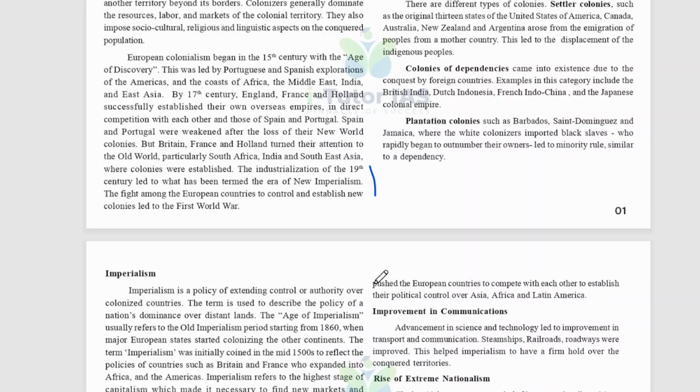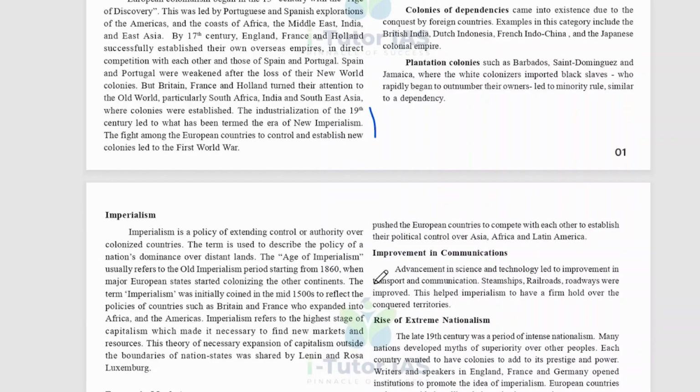Examples in this category include British India, Dutch Indonesia, French Indochina, and the Japanese colonial empire. And plantation colonies such as Barbados, Saint Domingue, and Jamaica, where the white colonizers imported black slaves who rapidly began to outnumber their owners, led to minority rule similar to a dependency.